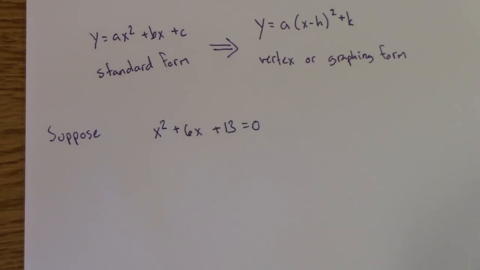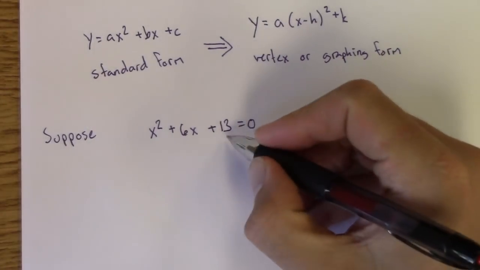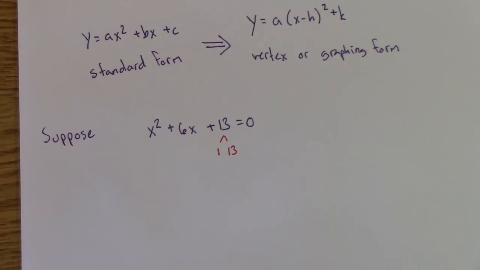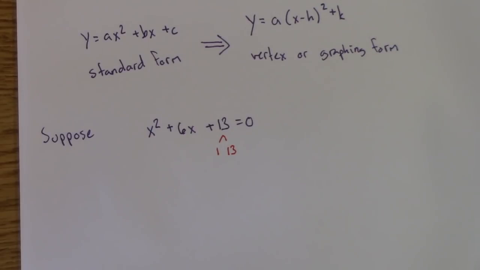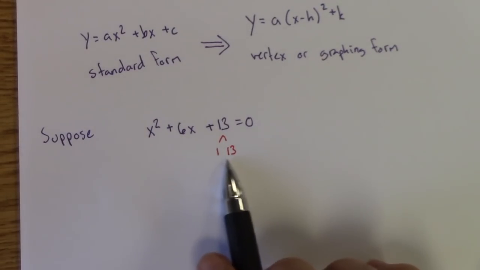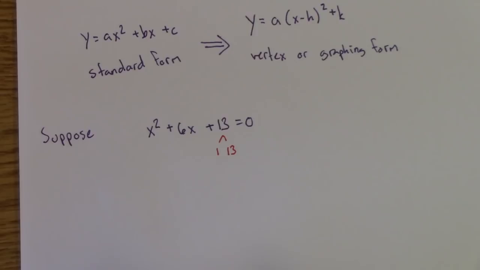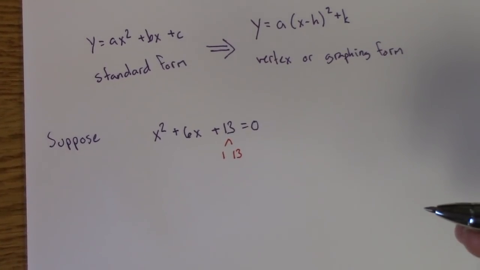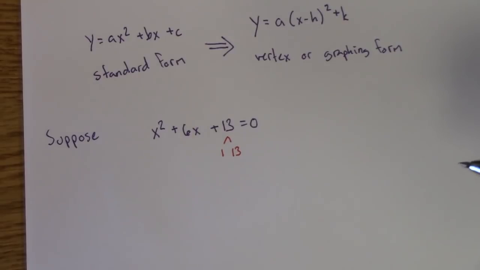But when you come to this problem, you'd come over to 13, and the only pair of numbers that multiply to 13 is 1 and 13, and unfortunately, these are never going to add to 6. So this is a problem that is not factorable. Now, it might still have solutions or x-intercepts, but it is not factorable.